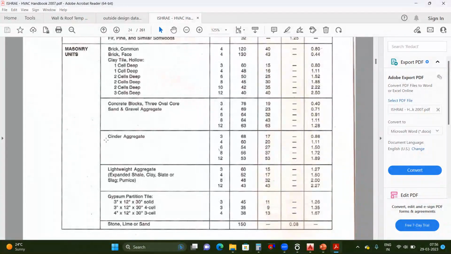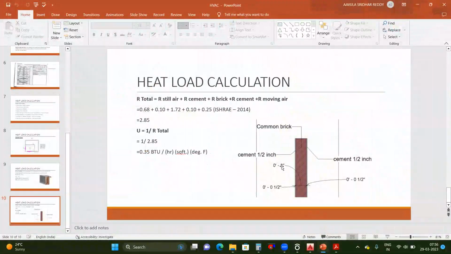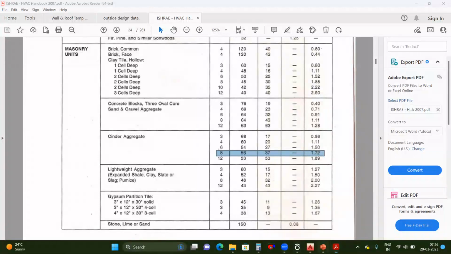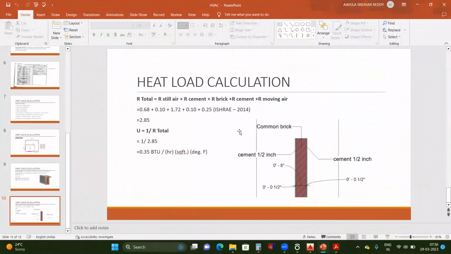We have selected cinder aggregate, 8-inch thickness brick, and the resistance value is 1.72. You can see the thickness here also, 8 inches. Again, inside plastering of 1 by 2 inch, we have already seen the value, 0.10, so we select the same value.